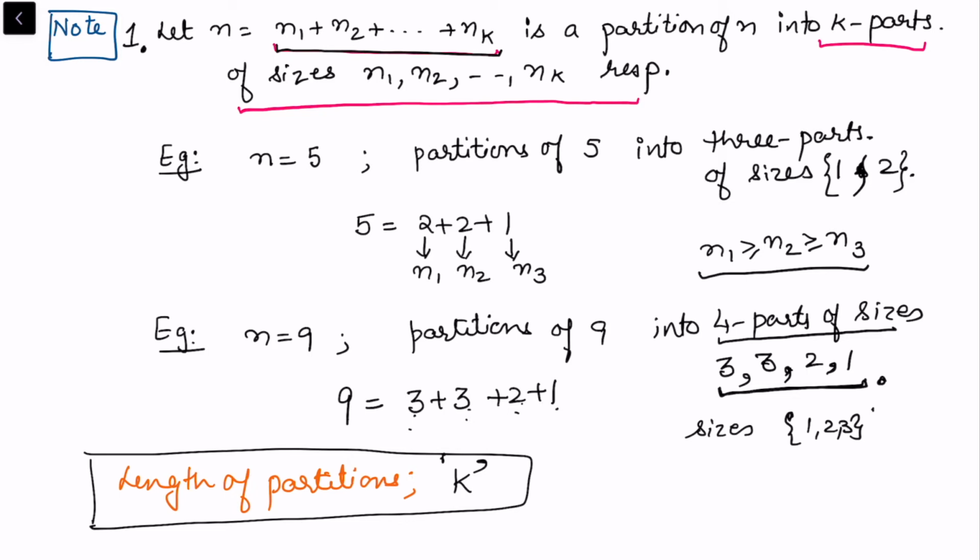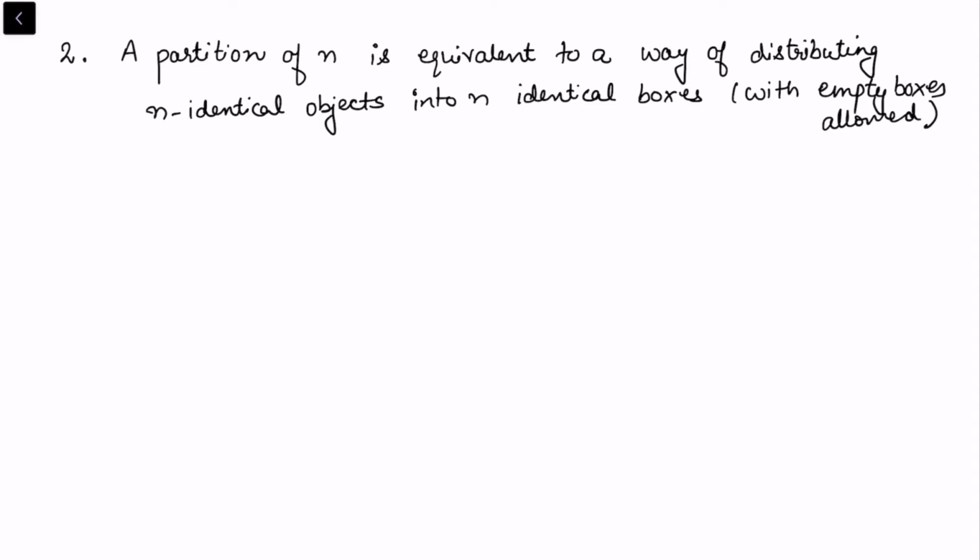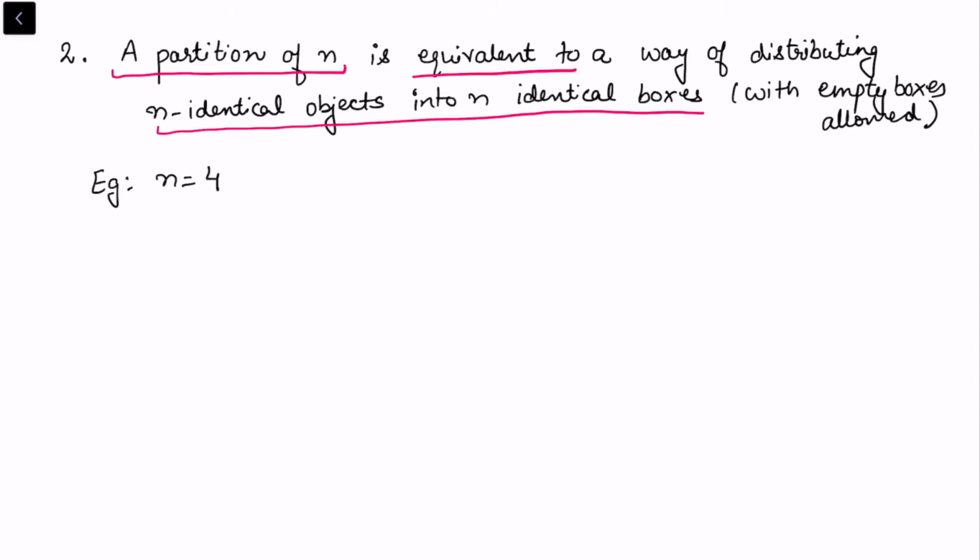Now, in this note, I can consider a partition of n as equivalent to a way of distributing n identical objects into n identical boxes, with empty boxes allowed. So we can always see a partition as a distribution problem, and to explain it, let me take an example again for n equal to 4. Suppose we have n equal to 4 and consider 4 boxes.